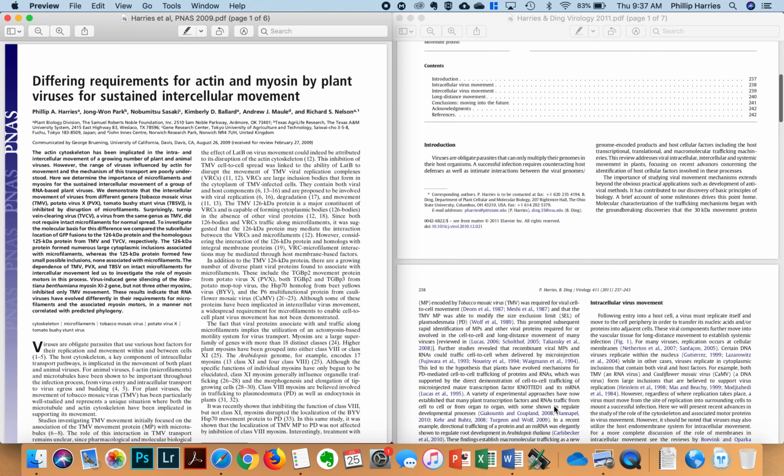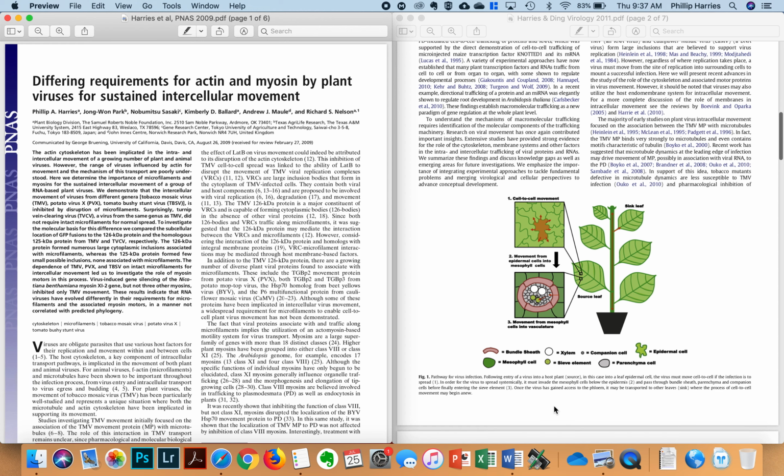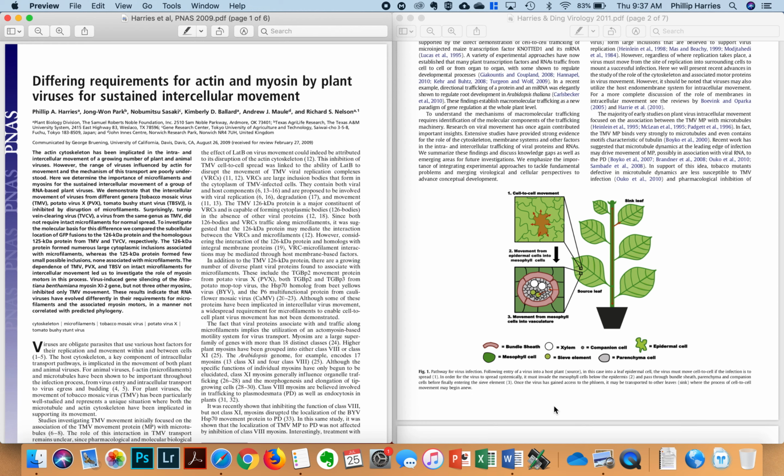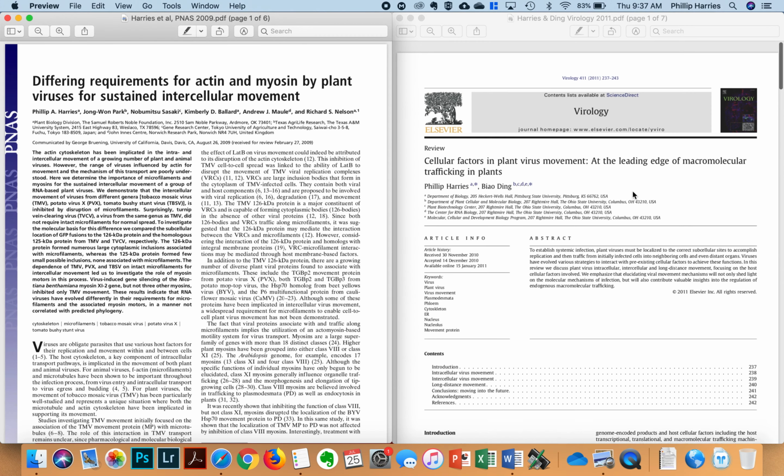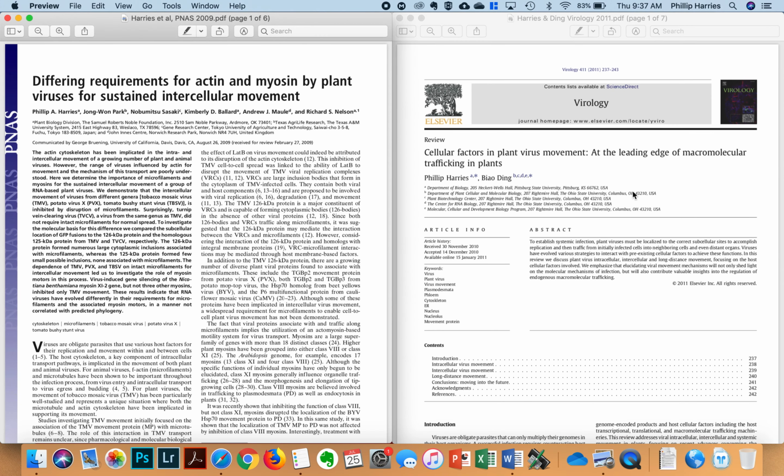You may find some figures. For example, this particular review has at least one figure, but that figure is not really presenting new data, right? It's just trying to help illustrate the concepts that are being discussed in that review. So again, just to summarize, a primary source is going to be authors talking about their own research.